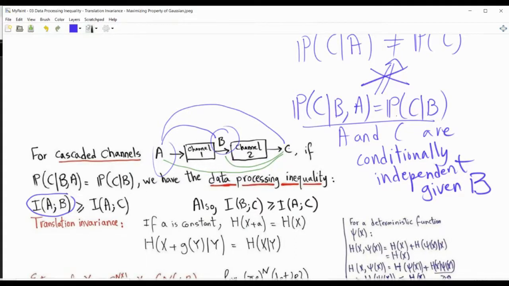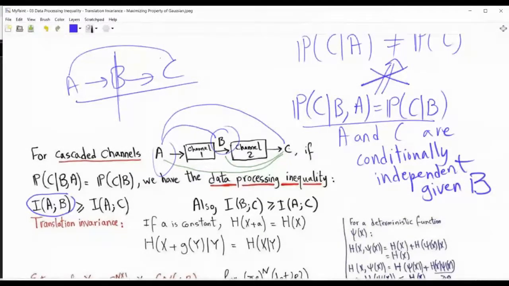So what is another description of A to B to C? These three random variables also have a name: you have this property that given B, A and C are independent. Memoryless. For those who took 241, it's a Markov chain.